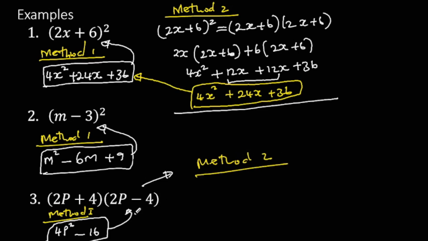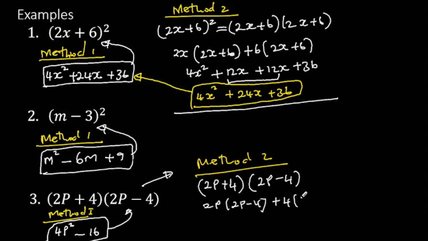We are going to take the two brackets, 2p plus 4 multiplied by 2p minus 4. We take the element of the first bracket, we multiply by the second bracket entirely. So you have 2p, you multiply by 2p minus 4. Then you take the second element, plus 4, you multiply by the second bracket, 2p minus 4. Then you expand and simplify.